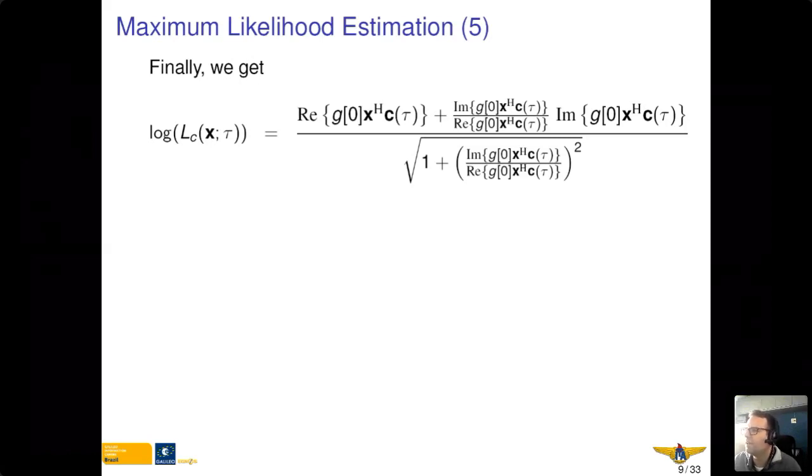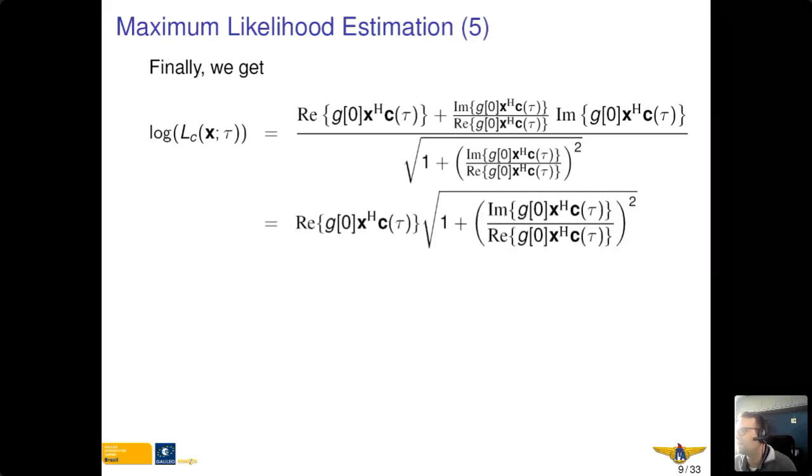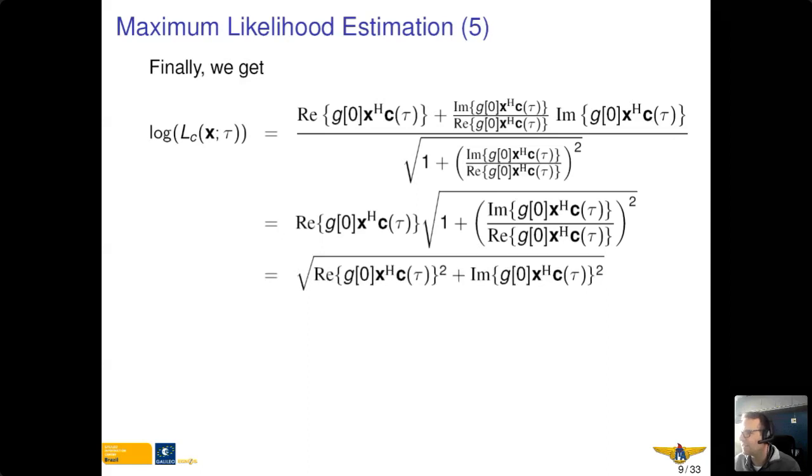Now we can reformulate the numerator and denominator, and we get the real part of g0 x Hermitian c times the square root of 1 plus the square of the imaginary part of g0 x Hermitian c divided by the real part of this. We can further refine this to this formulation, and now we can see this is just the absolute value of g0 x Hermitian c, right?